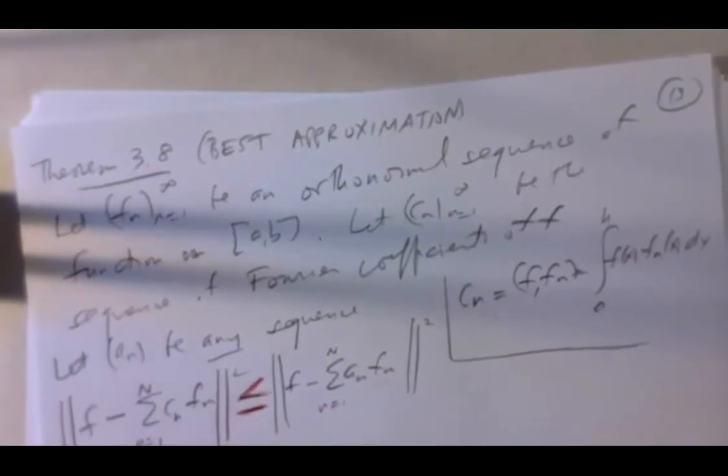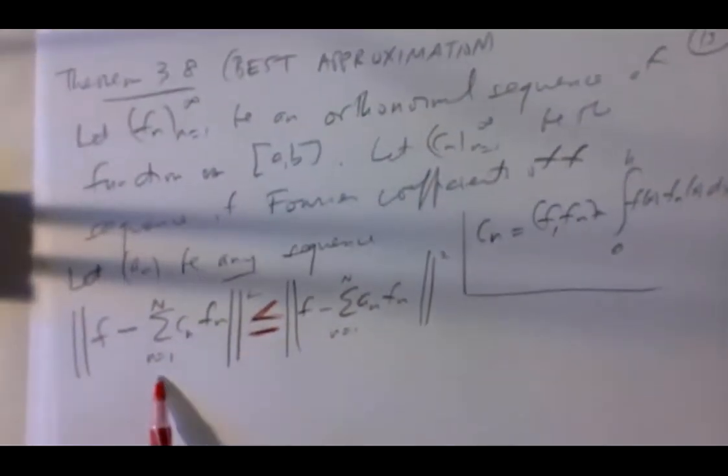That is, the Fourier series is always the best approximation. The partial sum of the Fourier series is always the best approximation to your function. No other linear combination can approximate it better.